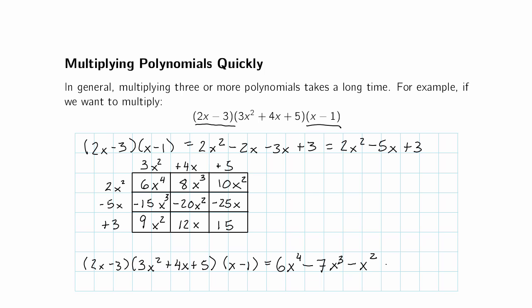Negative 25x plus 12x is negative 13x, and then plus 15.